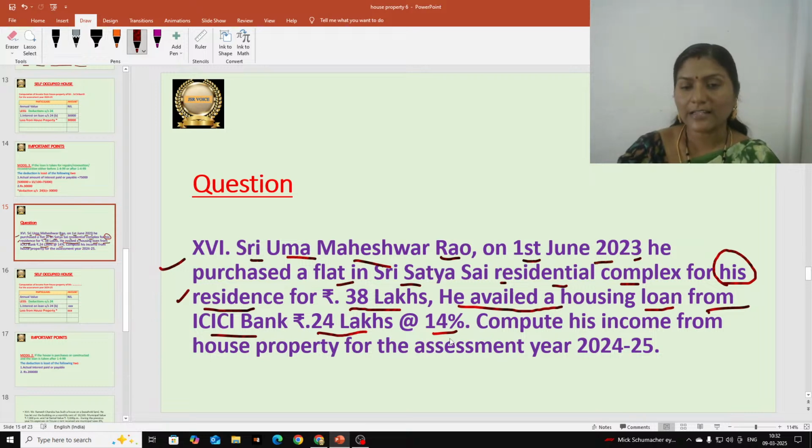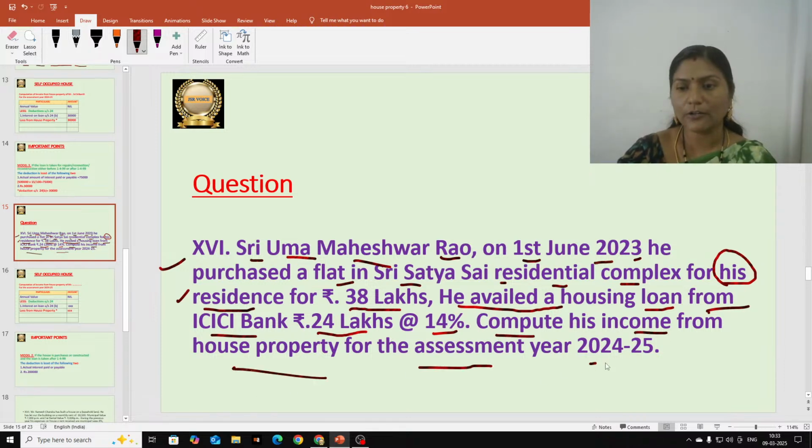And 24 lakhs is the loan amount, 14% is the interest rate. So we should calculate 14% on 24 lakhs, we will get interest on loan. Compute income from house property for the assessment year 2024-25. So here the loan amount is 24 lakhs, and the interest rate is 14%.